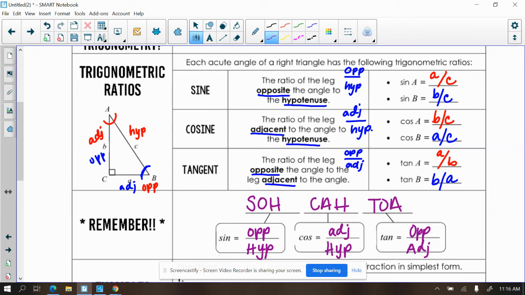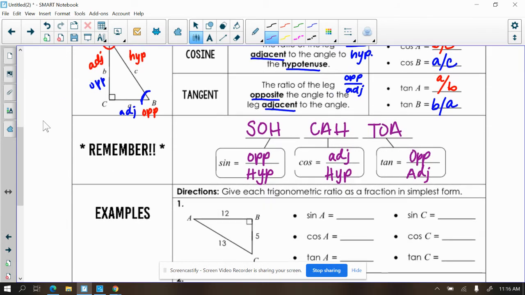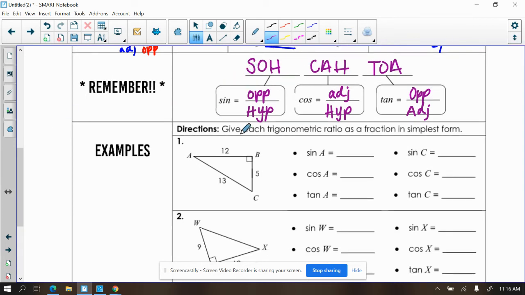SOHCAHTOA. All right. So let's do a couple examples and then we will be done with today's video. So let's leave this up at the top so we can see it. And we're going to be labeling all of these. So number one, when I look at number one, it says sine of A. So we need to, and if you need to, write it over here.